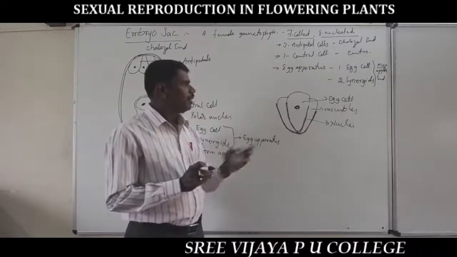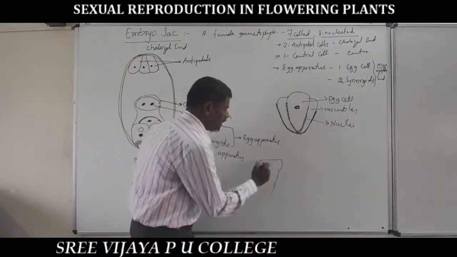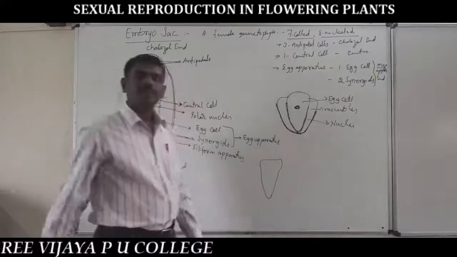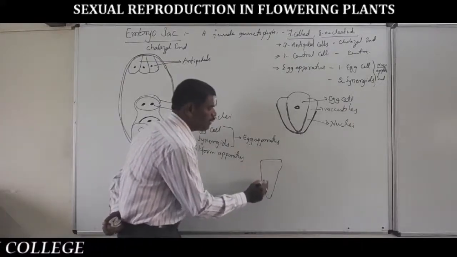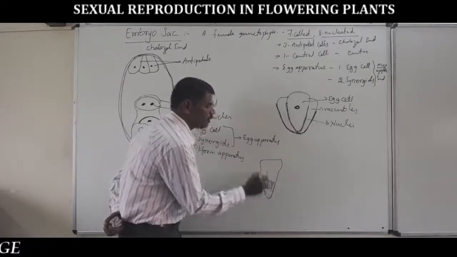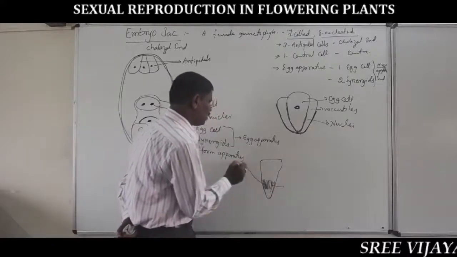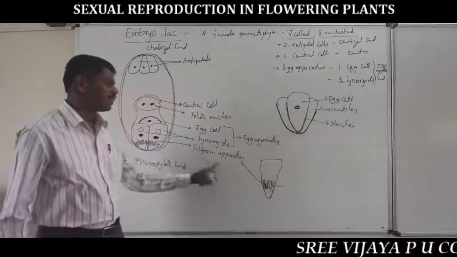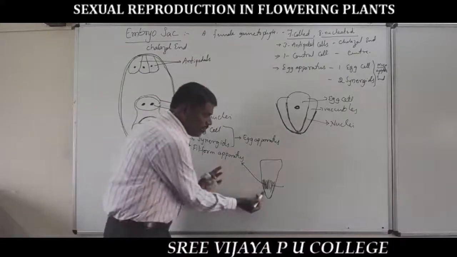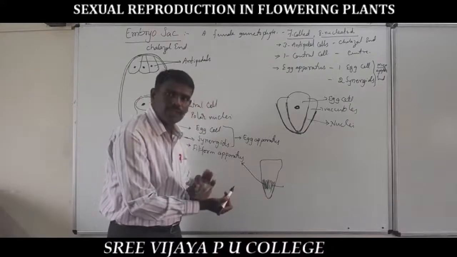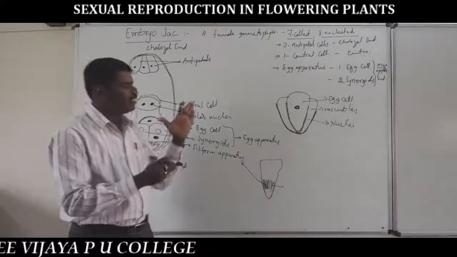On a synergid, for example, there are a number of finger-like projections. These finger-like projections are called the filiform apparatus. The filiform apparatus originates from the outer wall of the synergid.